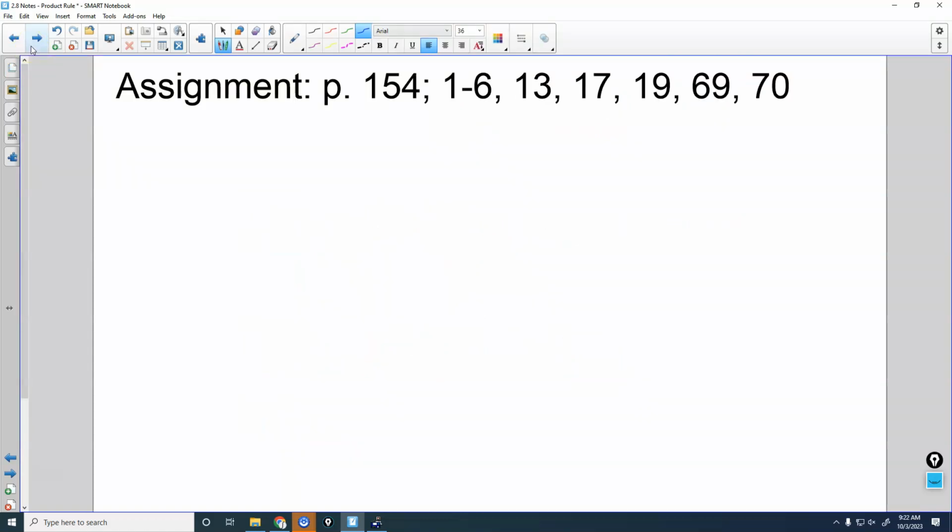So here's your assignment. Let me look over it real quick, make sure that's everything that I want right there. 154. Look at us finishing in time for you guys to do most of your work in class. We need to do this more often. All right, let's see. 1 through 6.